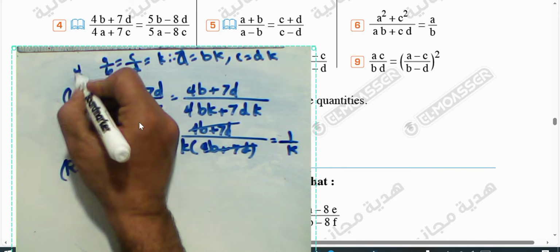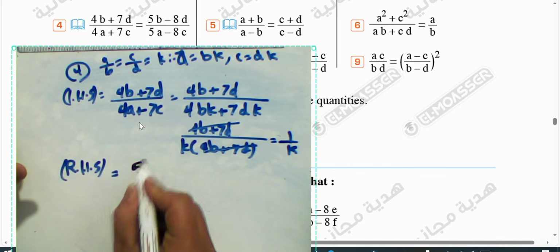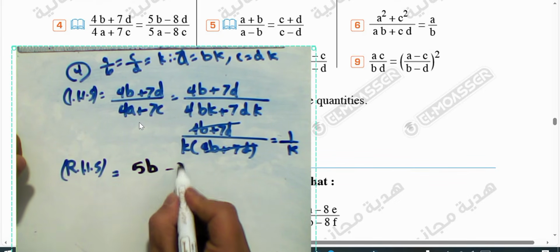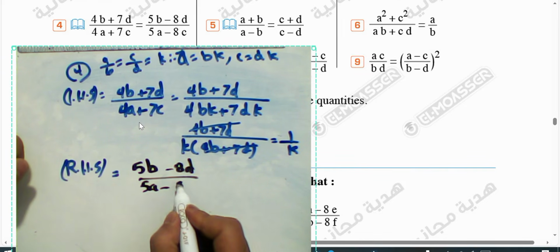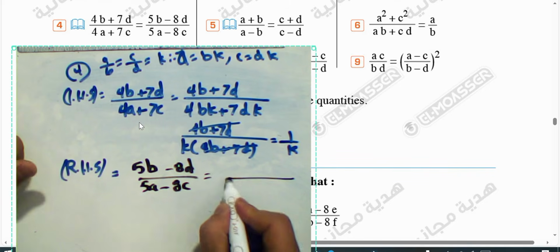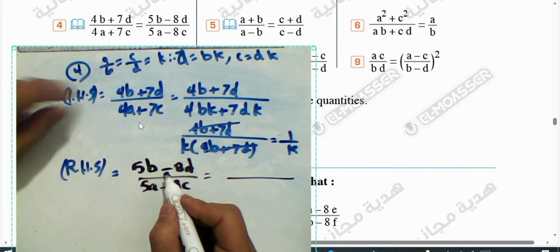This question number 4, right-hand side: 5B subtract 8D over 5A subtract 8C. 5 times B. The value of B here is a constant.